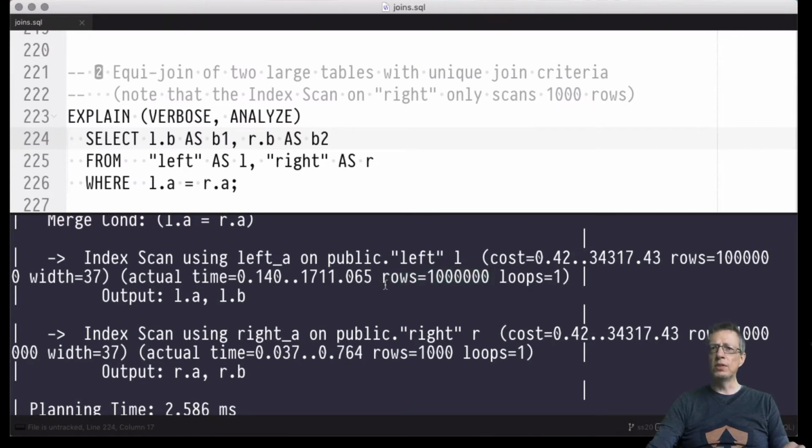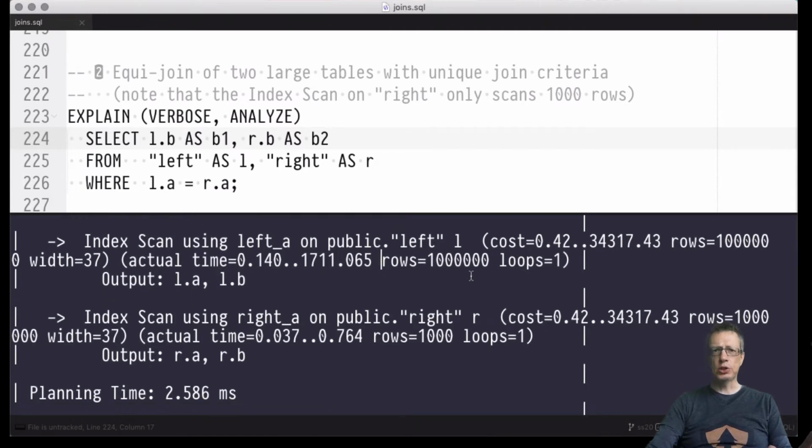Only in the tail of that index scan will we find possible hits that contribute to the join result. It's different on the right-hand side. You see that the merge join only scans 1000 rows. These are the 1000 rows in the overlap that will produce the join results.